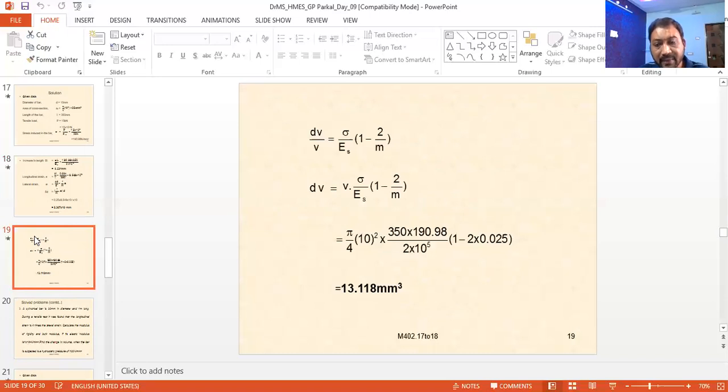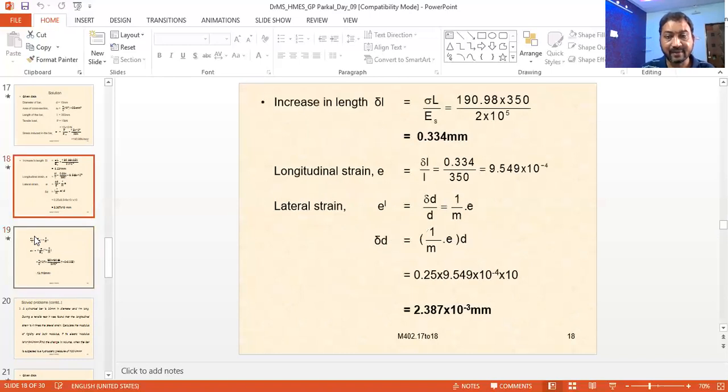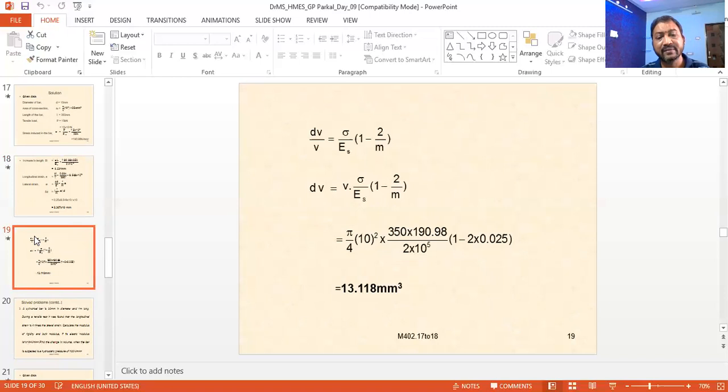So substituting those values in the equation, we will get the change in volume is equal to 13.118 cubic millimeters. So these are the answers: the change in length, the change in diameter, and the change in volume of the given bar.